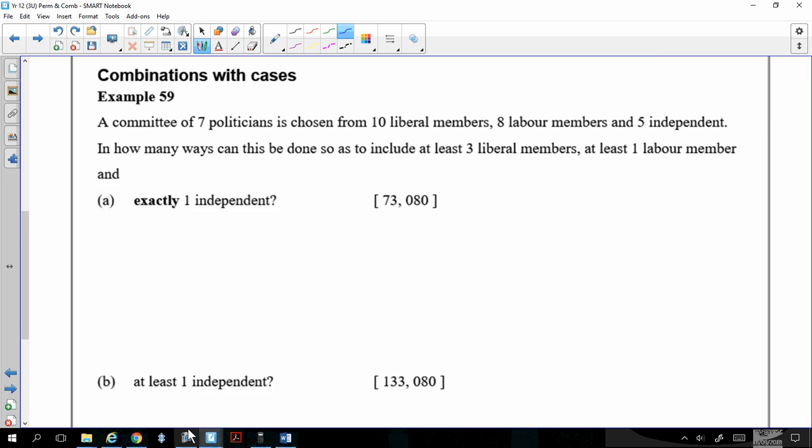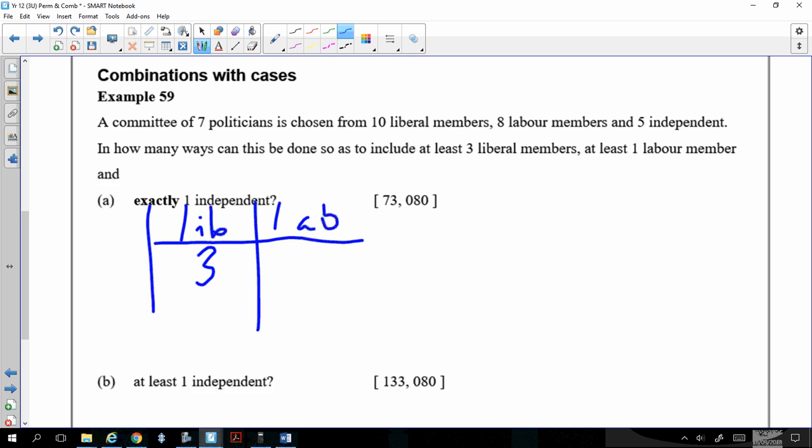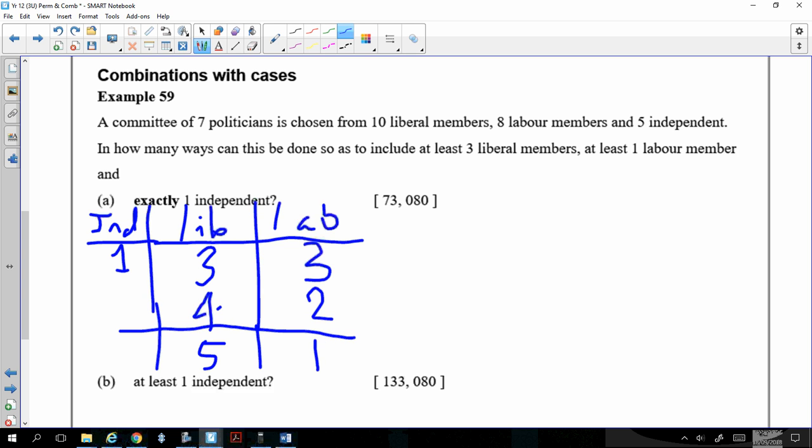So if it's 3 liberal, that will be 3 labor. Or you could have 4 liberal, 2 labor. Or you could have 5 liberal, 1 labor. But you can't have less than 1 labor. So you have just 3 cases. So we select 10, how many independent? 5C1 times 8C3, and the labor is 8 labor, 10 liberal, so it's 10C3.